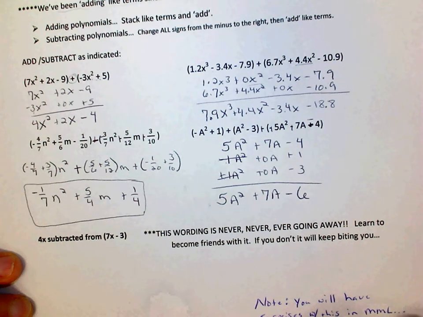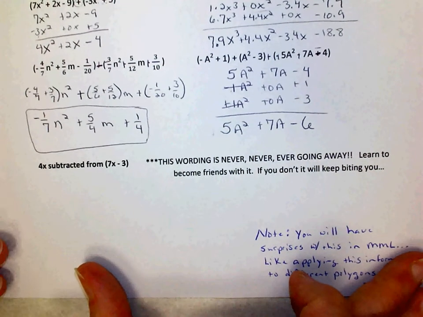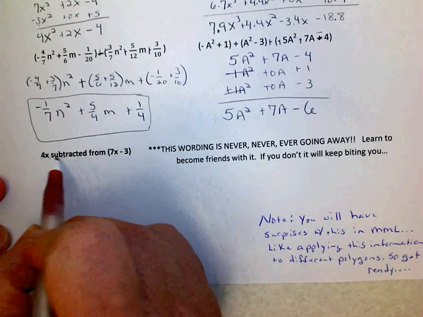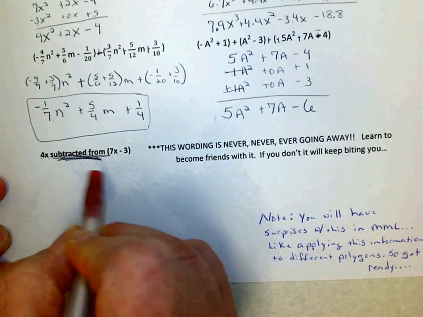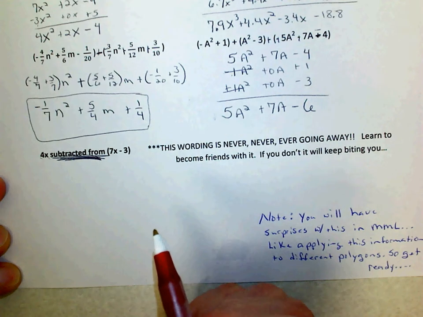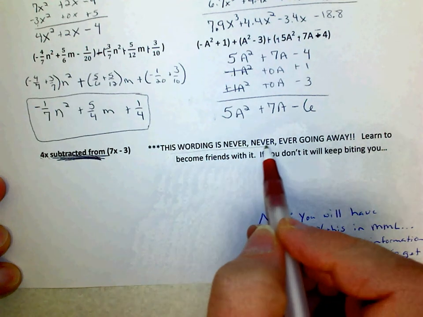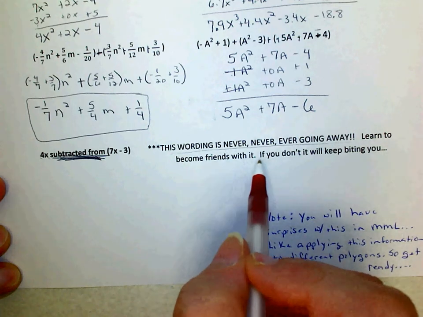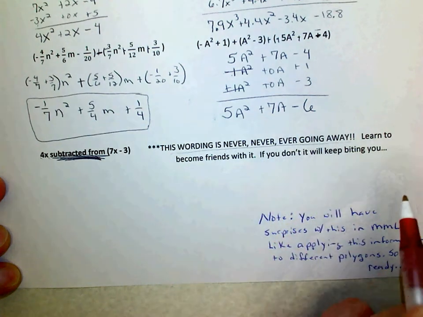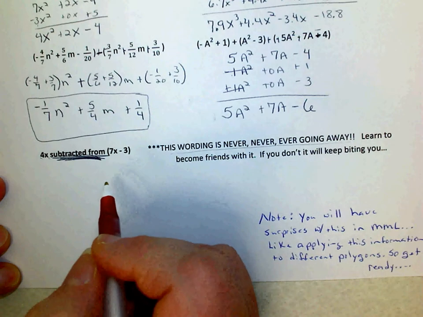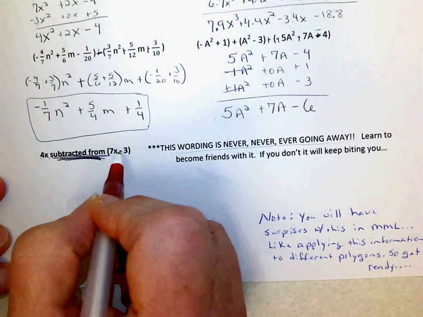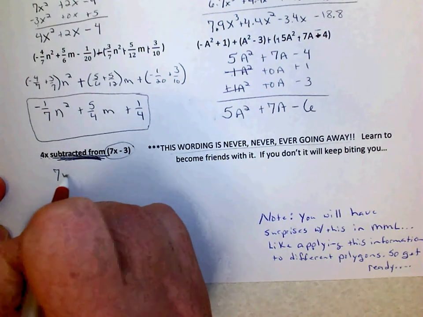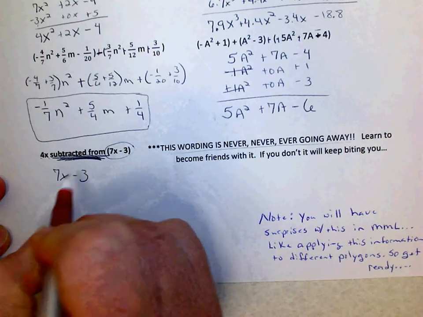Whew. We're close to done. 4x subtracted from is a big fat hairy deal, and this wording is never ever going away, so learn to become friends with it. If you don't, it will keep biting you in your behinder parts. Subtracted from means you get this first, so 7x minus 3, then minus 4x.